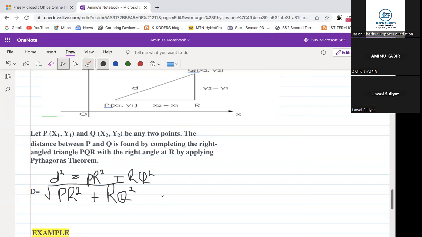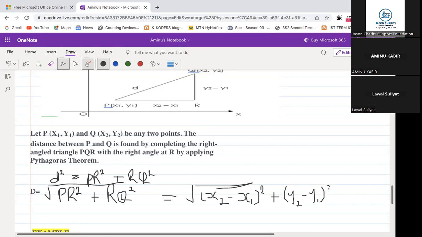Now, to make this easy, this is equal to the square root of (x2 minus x1) square plus (y2 minus y1) square.